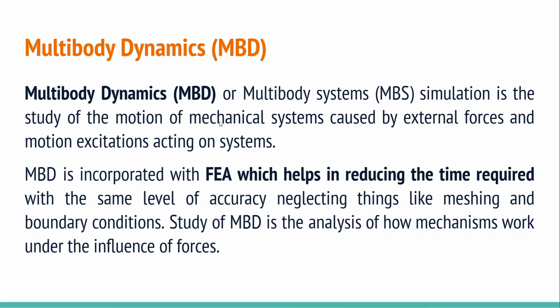So here are some applications of the MBD suspension system: linkages, rotors, robots, gear trains, to predict velocity, acceleration, and forces in mechanisms. Example: vehicle ride and handling simulation using MBD tools like ADAMS.